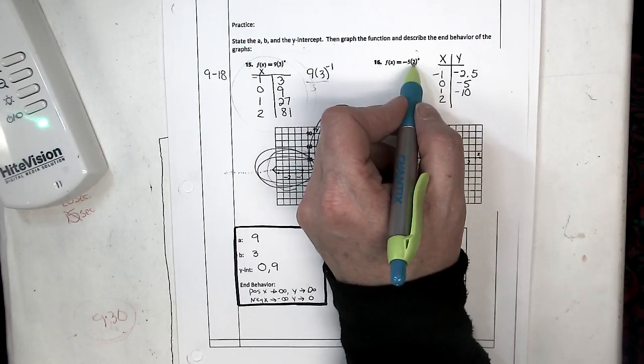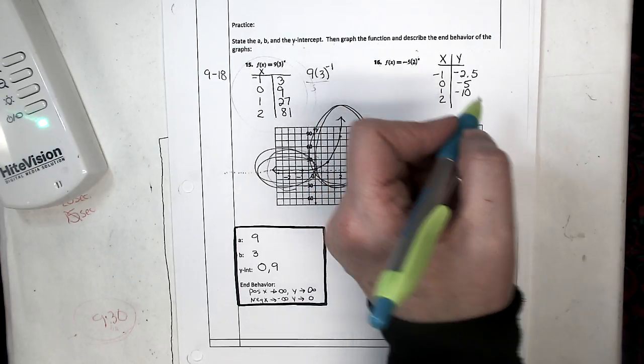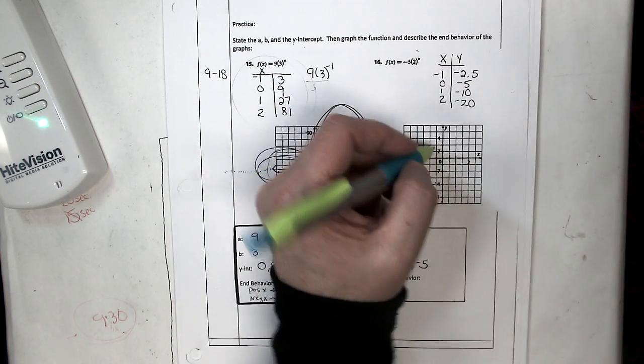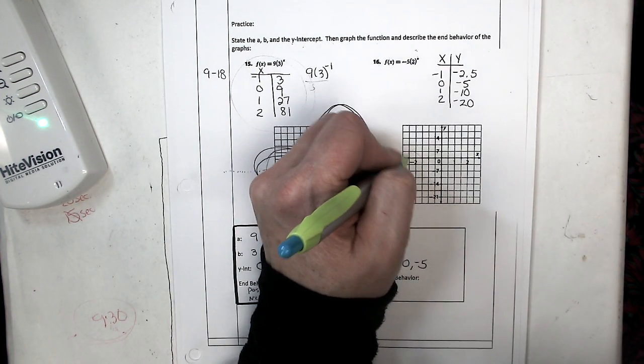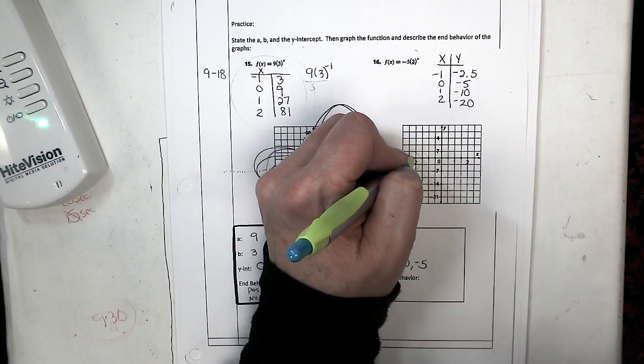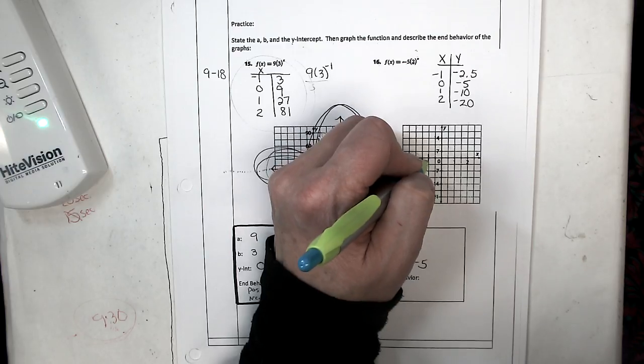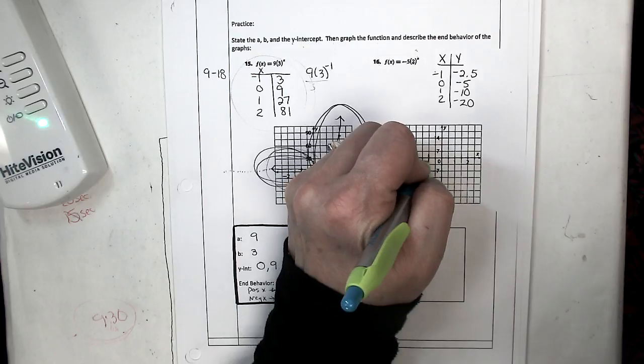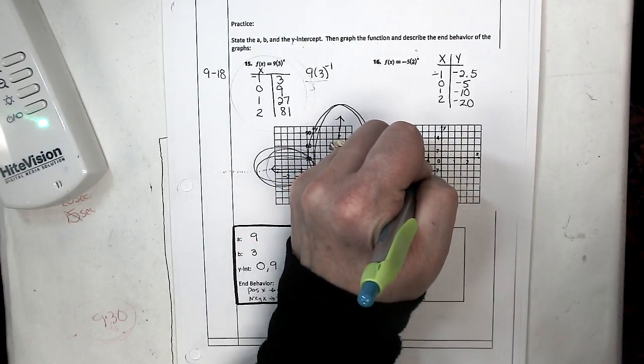Over 1 and down 10, that's 14, so 10 is probably right about there. And over 2 and down 20, which is probably right about there. I need a nice smooth graph, so make it smooth. Okay, there it is.